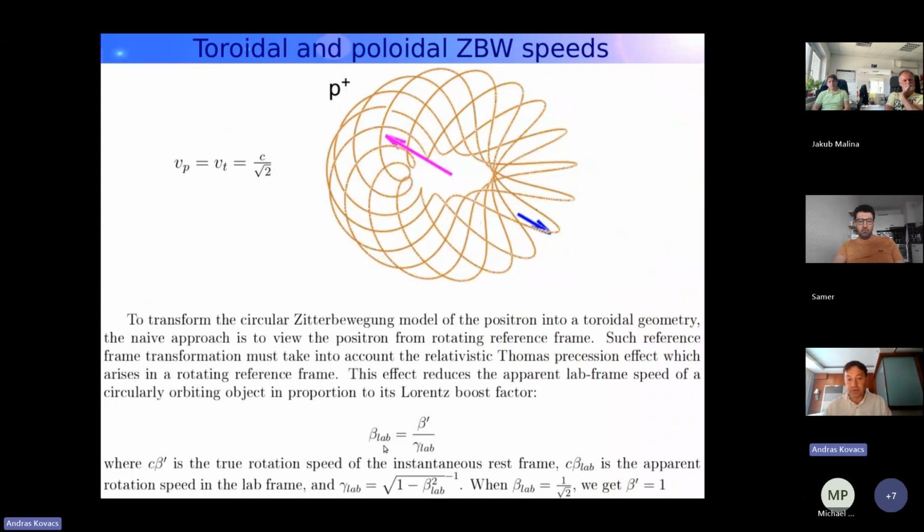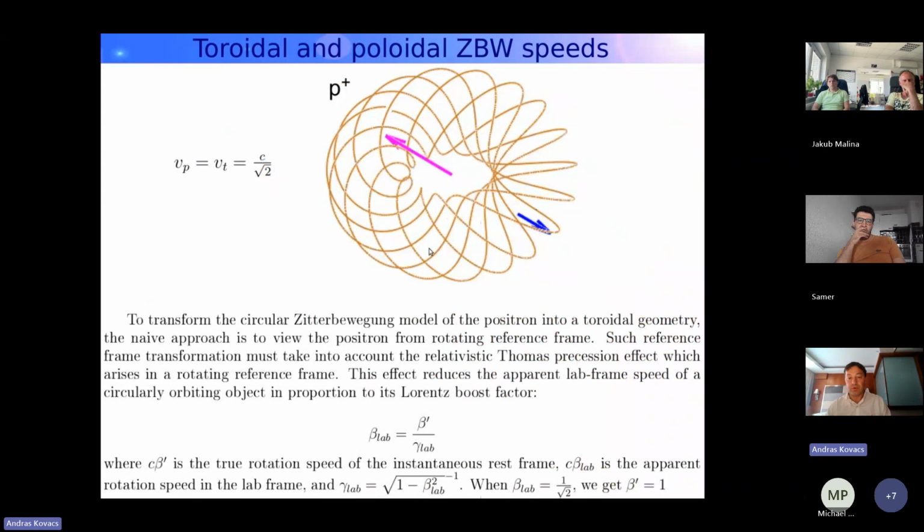So you have this c over square root 2, the lab speed, and in the rotating reference frame, the so-called real speed is the beta prime over the gamma Lorentz boost factor that you have to apply to catch up with the circulation. So this is the well-known Thomas precession effect formula. And when you put in the numbers, what is the speed you have to go to catch up with the toroidal circulation, you can see that the speed you have to go is actually the speed of light.